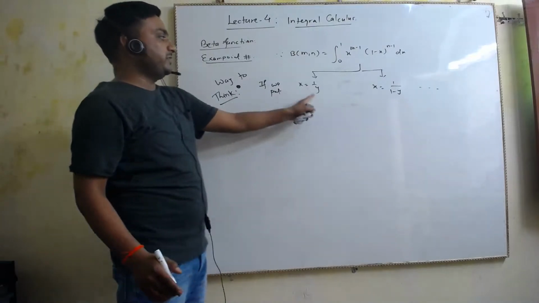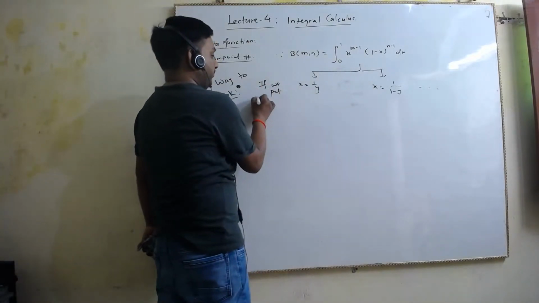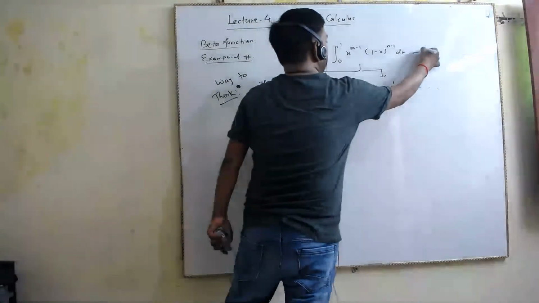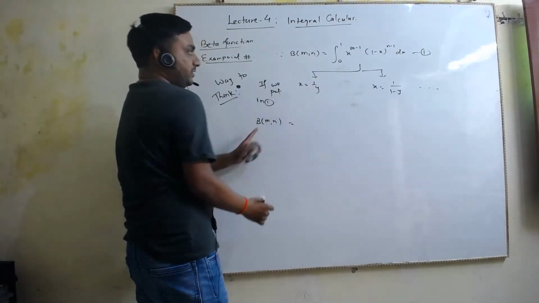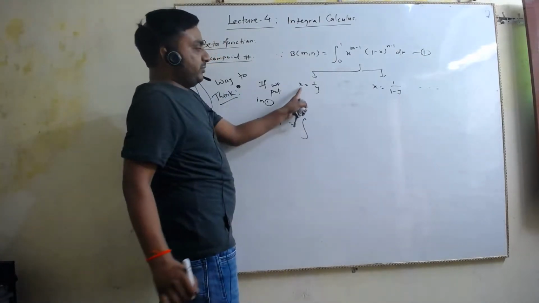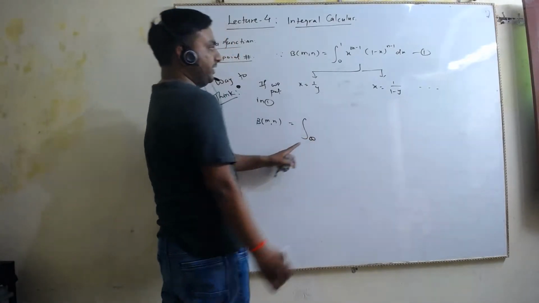Suppose that if you put x equals 1 by y here, right? So what will happen? Obviously m and n we have nothing to change. The value of x is 0, so y will be 1 upon 0, that is infinity.